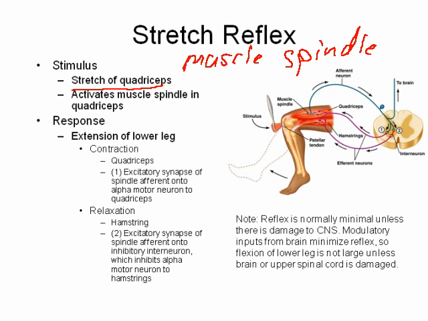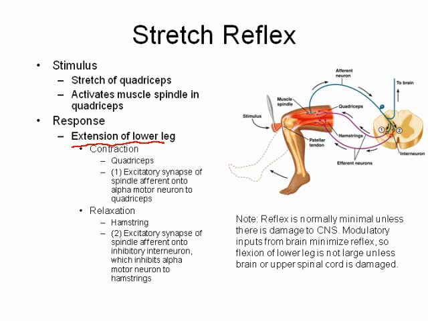So the stimulus is activating a specialized sensory receptor, which is the muscle spindle, which of course is attached to an afferent neuron. And this response is an extension of the lower leg. That is, when the stimulus is applied, a gentle tap to the patellar tendon, it stretches the quadricep muscle. So we have stretching along the muscle here. And this causes the leg to extend outward.